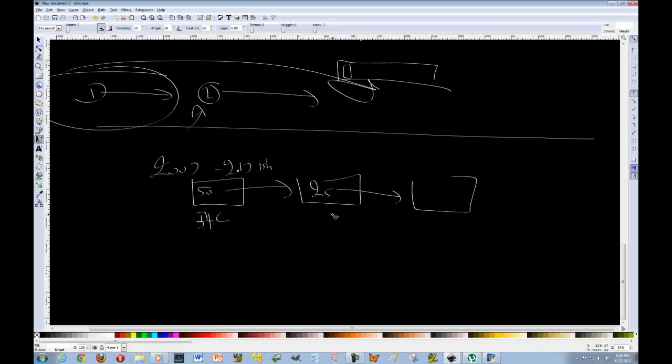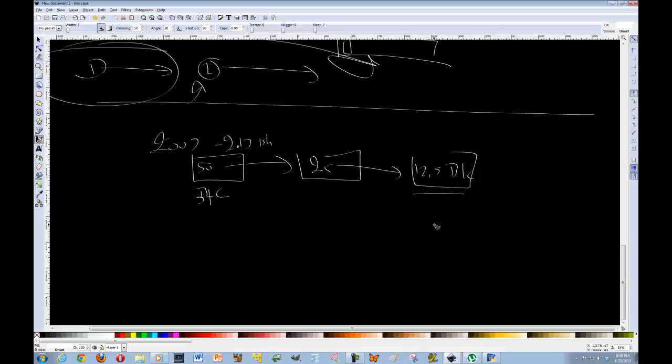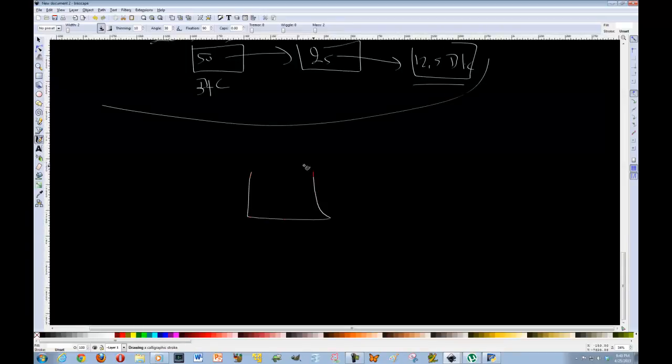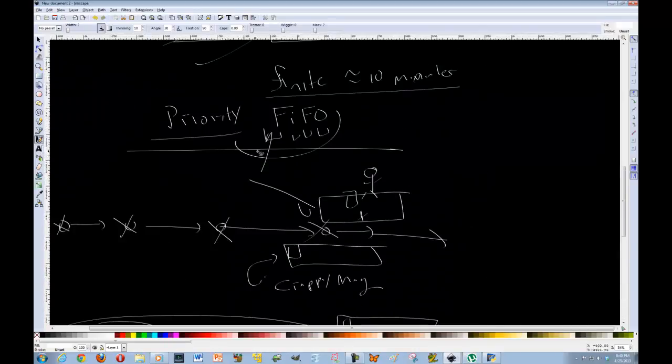Now it's 25. In 4 years, it's going to be 12.5. So the incentive to mine just based upon the coins you generate from making a block goes down. The hope of the architects who designed Bitcoin was that because there's going to be lots of transactions, we would institute a priority FIFO queue.